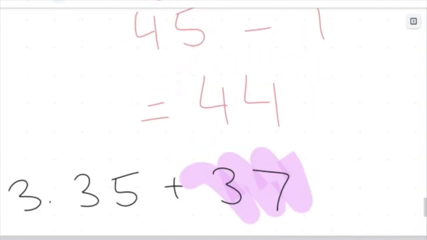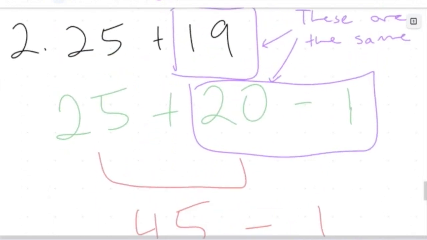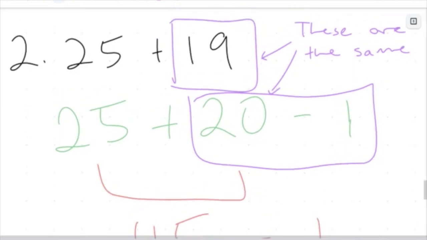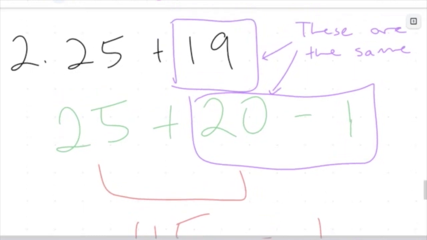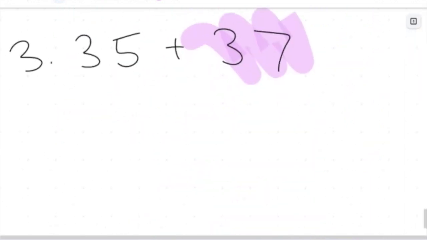I want to create this into two numbers and an arithmetic thing. So for example, in our previous example, my 20 minus 1, that's an arithmetic expression. I'm minusing one number from the other. So I'm doing the exact same thing here.